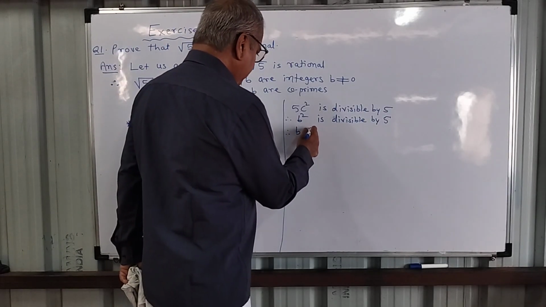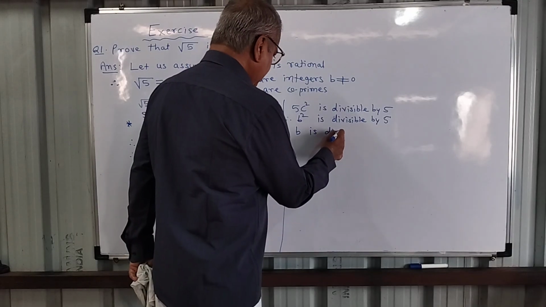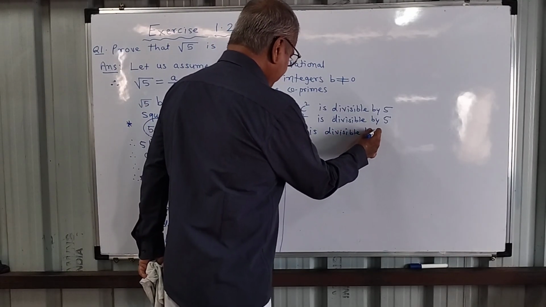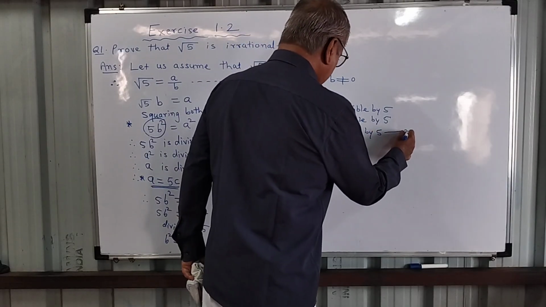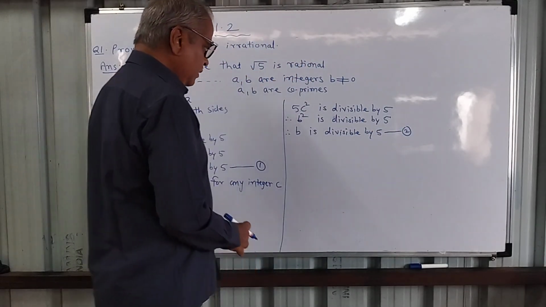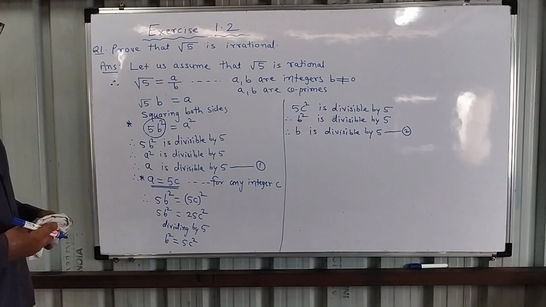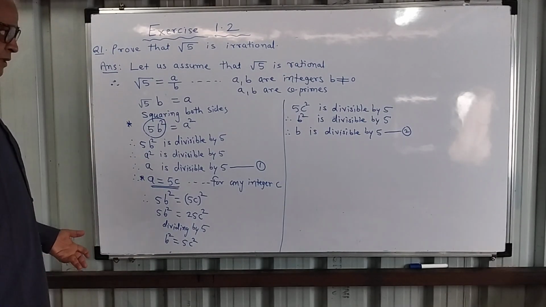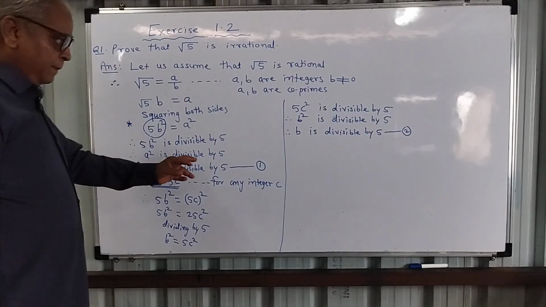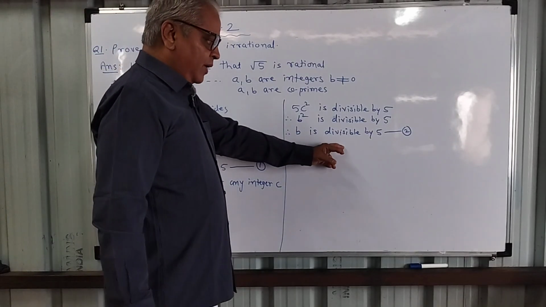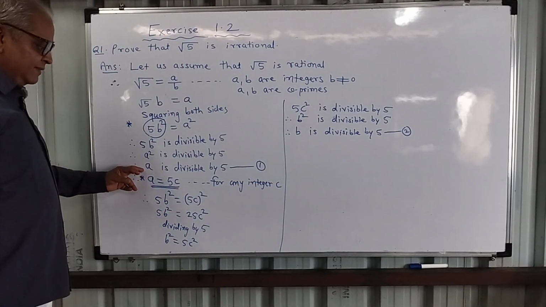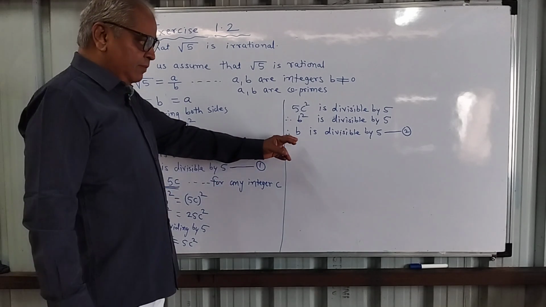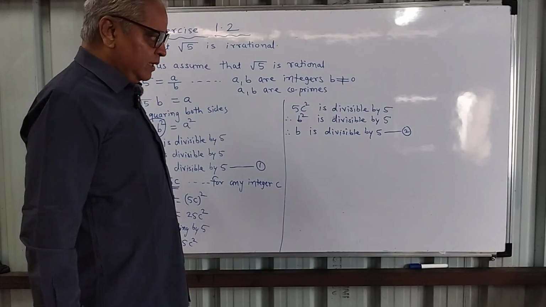Therefore b is divisible by 5. Let it be statement number 2. See, it is very important proof. I will repeat it 2 times after we finish. b is divisible by 5. Statement number 1 says that a is divisible by 5. 2 नंबरचं स्टेटमेंट सांगतं b is also divisible by 5.